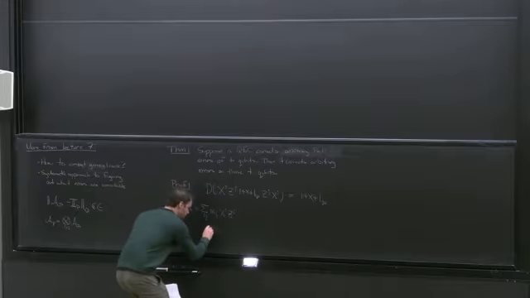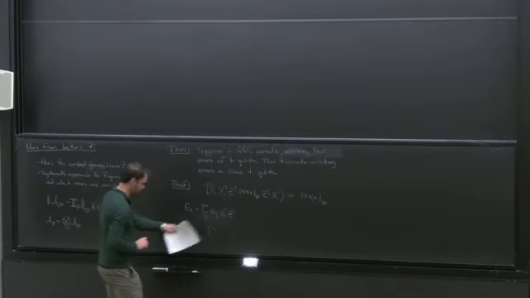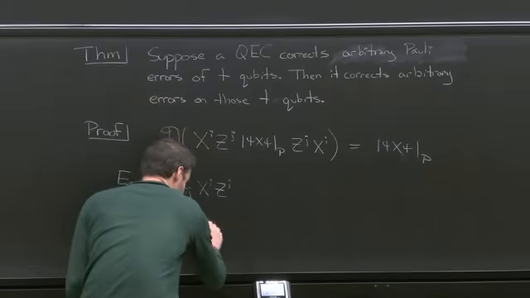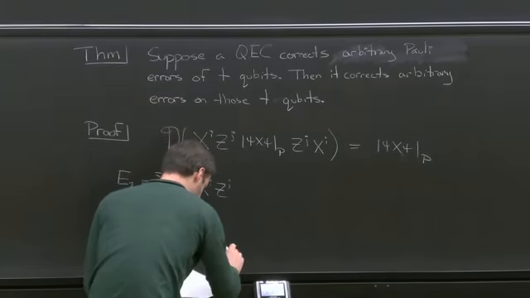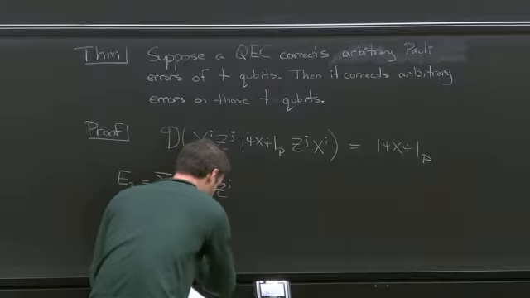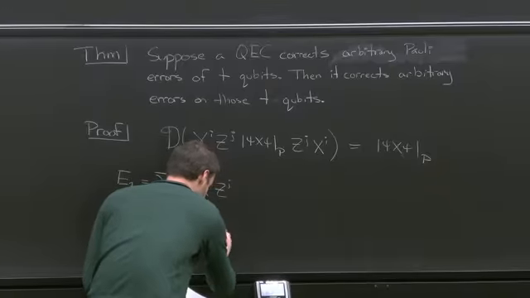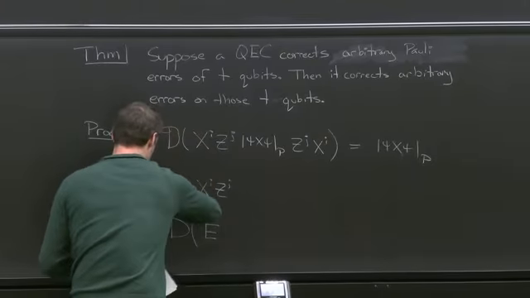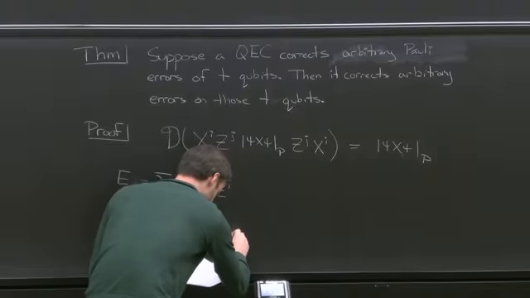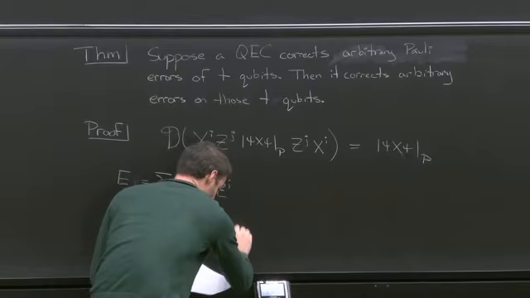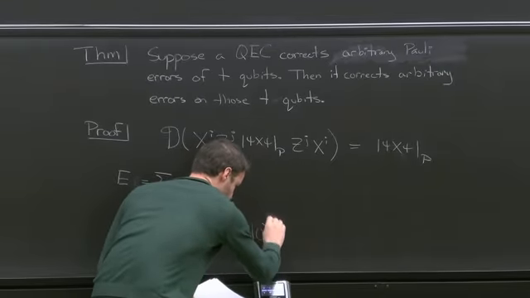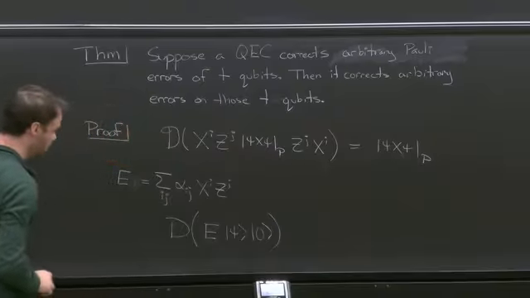So let's call that isometry non-curly D. And I'll think about that isometry acting on E, this error, psi, and then there's some ancilla now.